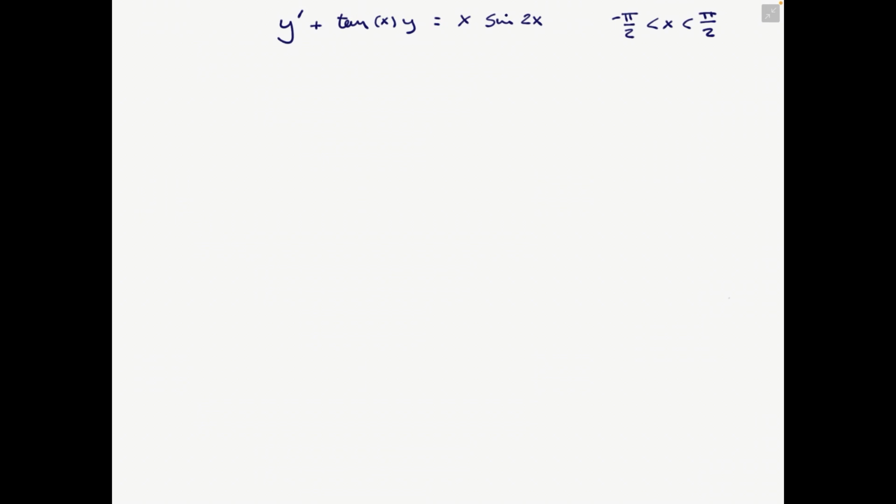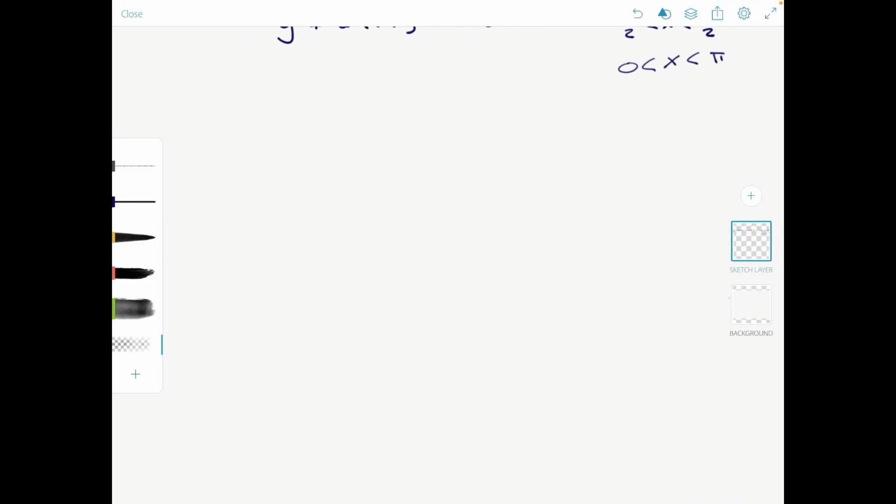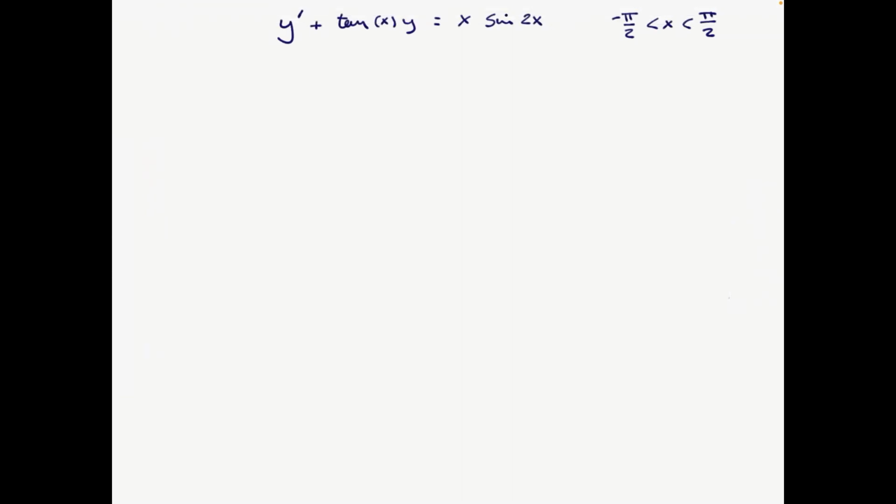If the interval was different, let's say between x pi and 0, then that wouldn't work. We couldn't use that interval. So that's why that condition is important. That's why they give it.